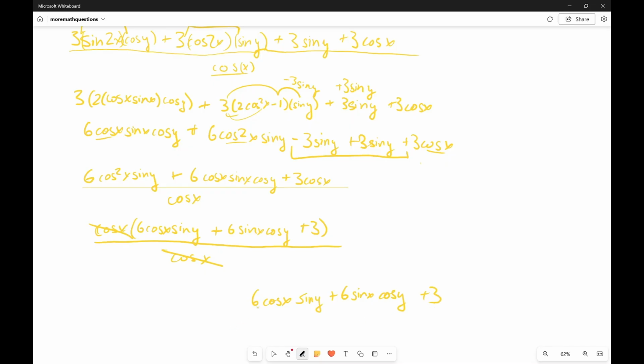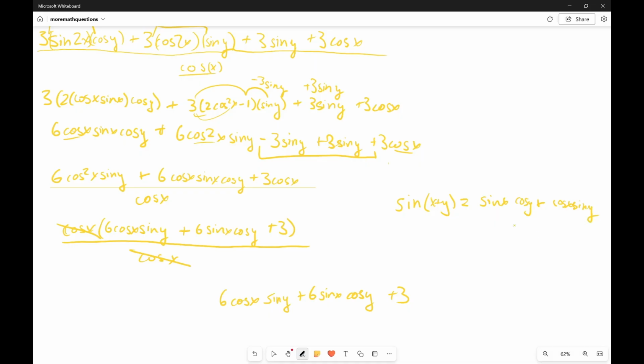Okay, so that is way cleaner now, but we can still do a little bit more simplification here. If you recall the sine sum theorem, sine of x plus y is equal to sine x cosine y plus cosine x sine y.